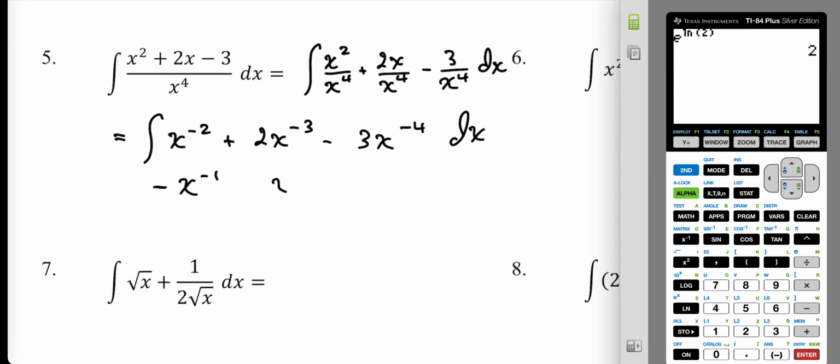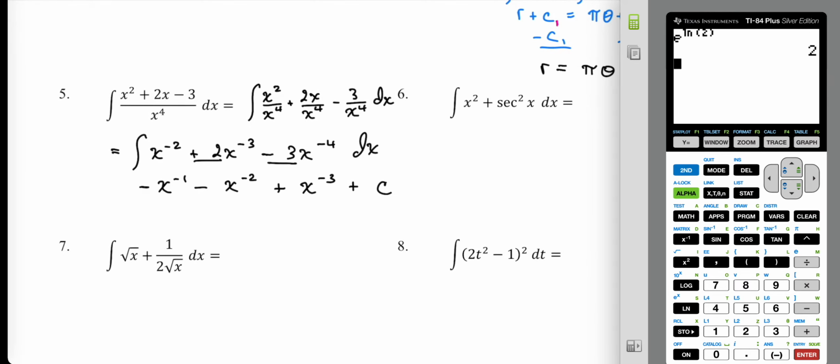Increase the exponent by 1, divide by the new exponent, is going to become a negative 1. Increase the exponent by 1, divide by the new exponent, that's going to become a positive 1. And then we just throw a plus c on at the end. So just using the reverse of the power rule gets the job done.